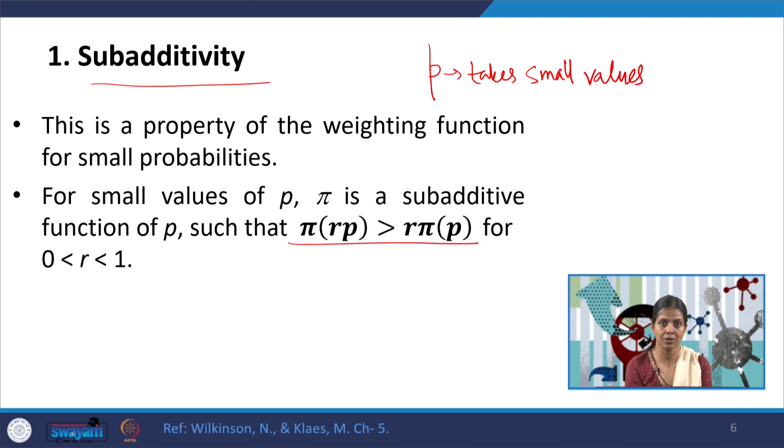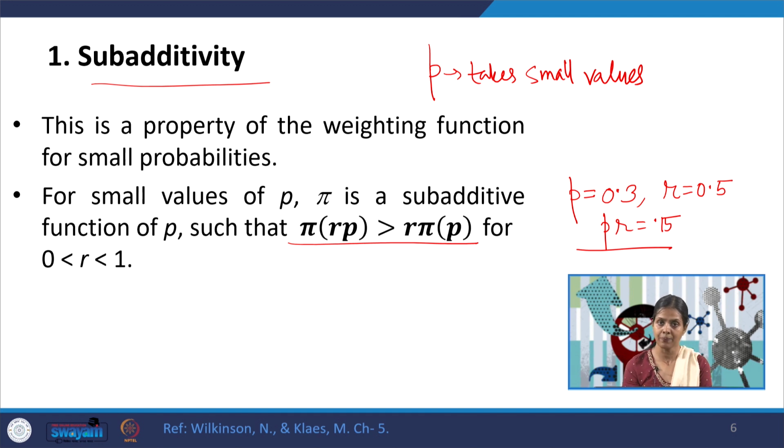So, r is also a fraction. Now, when p is a fraction, that is a probability, say p is equal to 0.3, and r is another fraction, say r takes a value of 0.5, then pr is actually another fraction which takes a value of 0.15, and pr is always smaller than p and r.